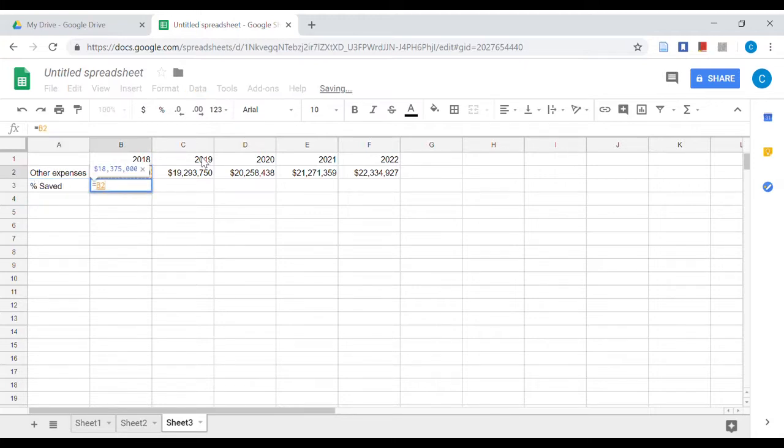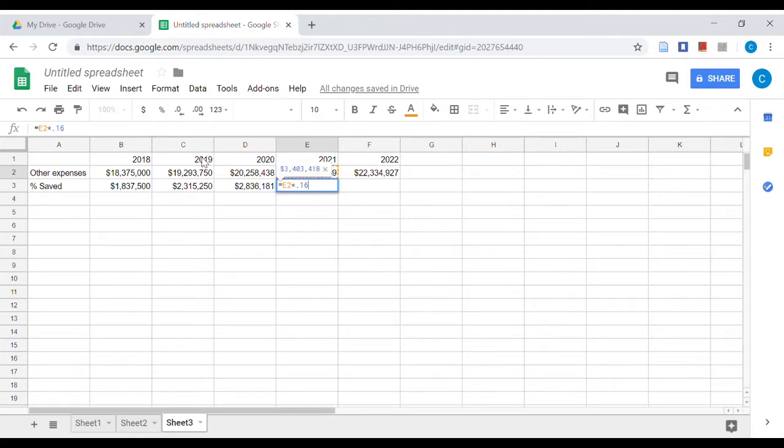It's going to be equal to this times 0.1, right? And then every year, maybe we can make this increase. So this times 0.12, this times 0.14, this times 0.16, and this times 0.18.